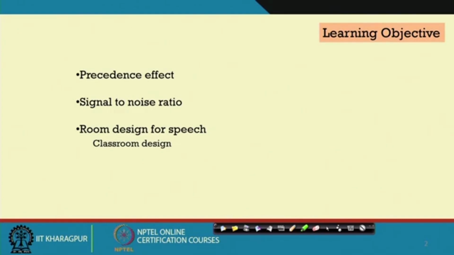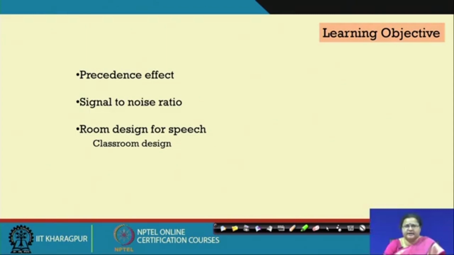Why particularly speech? Because we had earlier discussed that the reverberation time for speech is of a particular type; we try to keep it low because we want clear sound to reach the listeners or receivers.